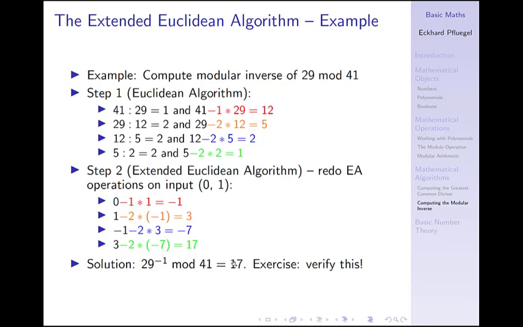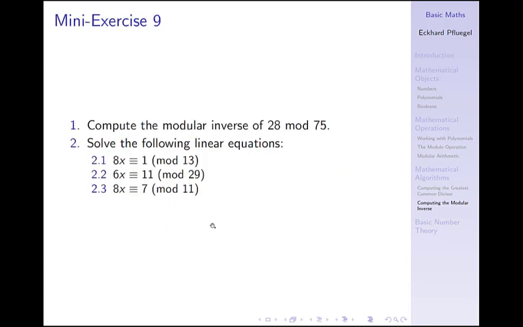You might want to use a pocket calculator, and then you will see that this is indeed the correct result. So to summarize, the extended Euclidean algorithm uses a second step, which is closely oriented by the first step, and it will copy through the operation from the first step, and it'll do a very similar sort of shift pattern for the input numbers, and in this way you will finally obtain the modular inverse of the original input.